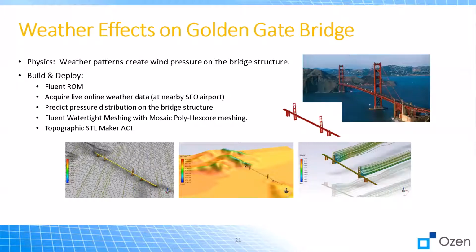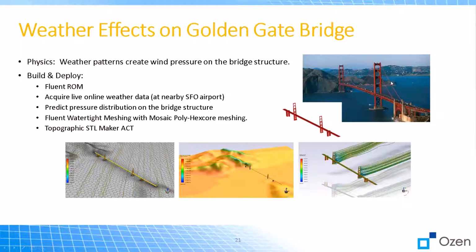So for that, we created a CFD, computational fluid dynamics, model using ANSYS FLUENT. And here we can see some figures from the model. We created the model in FLUENT, and then we created the ROM inside ANSYS Workbench. And then to read the live data, we have Python code that reads the live data of the air coming through the bridge.